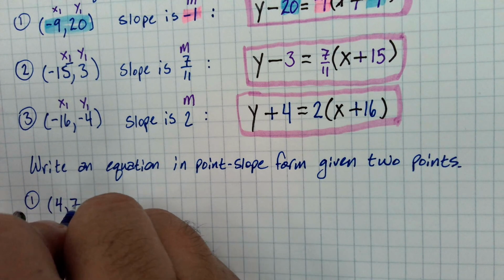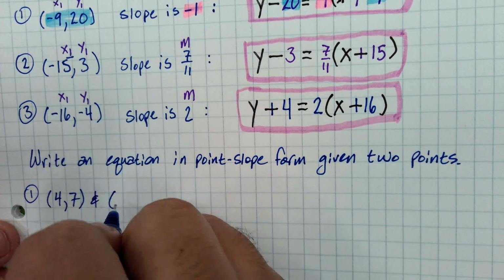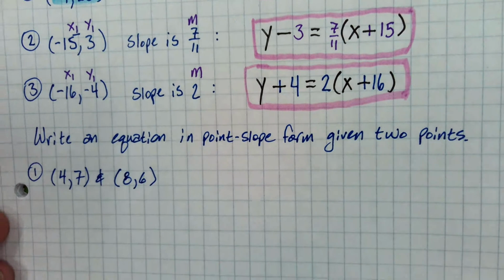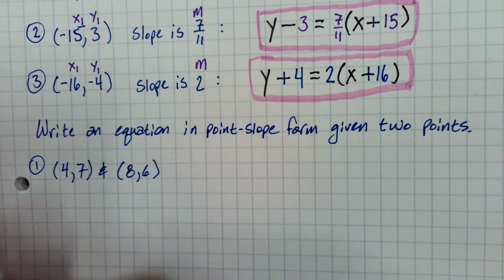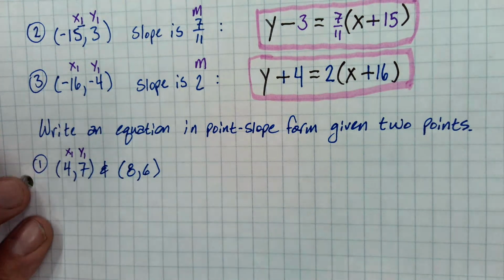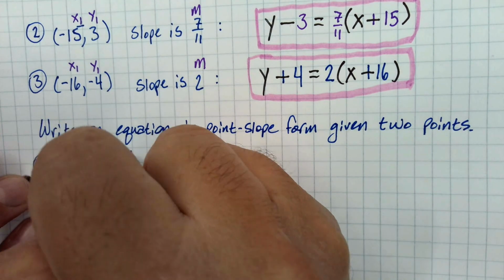4, 7, and the other one was 8, 6. All right. So these are the points that we're given. So we got x1, y1. But since we got a second pair, let's call this x2, y2.